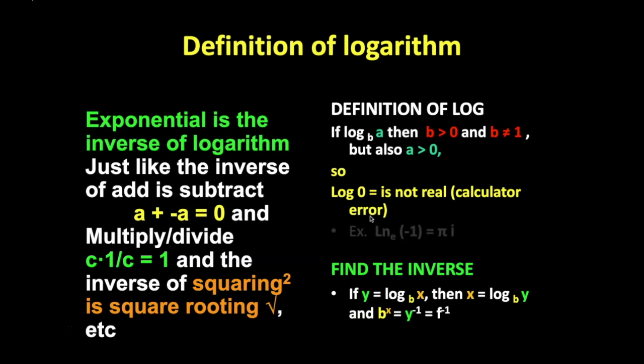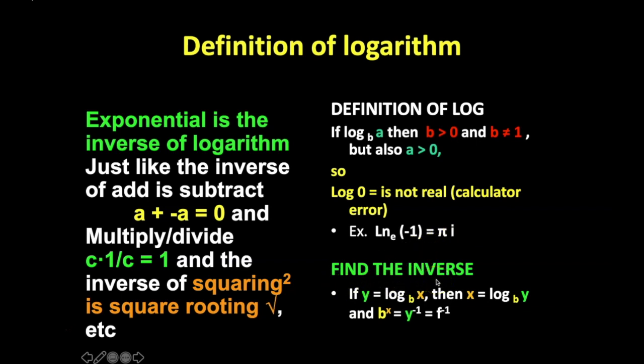Now, there actually are answers to some negative logarithms. There are calculators that do that. There's no scientific calculator that does that type of problem, but the graphing calculators do. So if you looked up the natural log of -1, you would find it is pi i. There is an answer, but it's called an imaginary number.